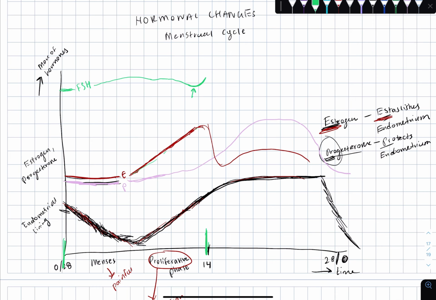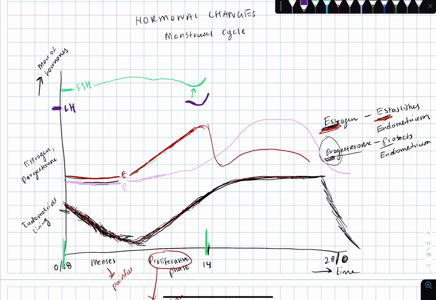We will be going over that with LH also. So let's make LH purple. LH is also going to dip a little bit here due to estrogen, because as estrogen increases, we get a decrease in FSH and LH, luteinizing hormone.